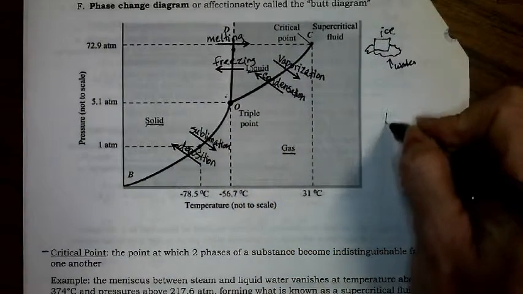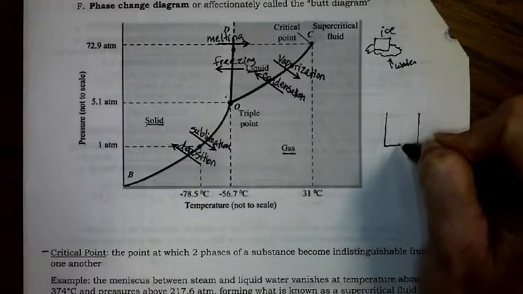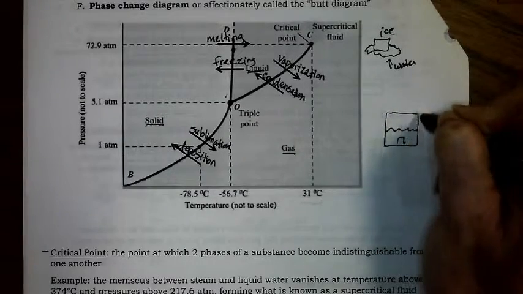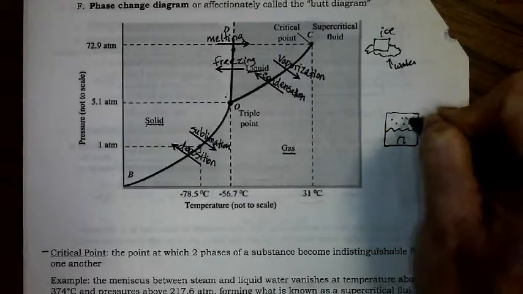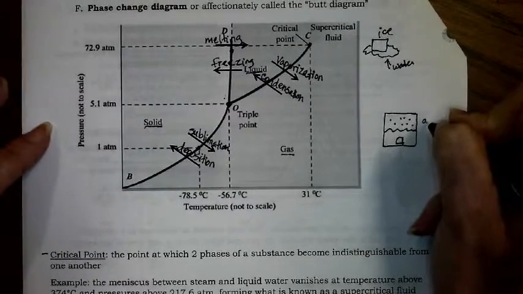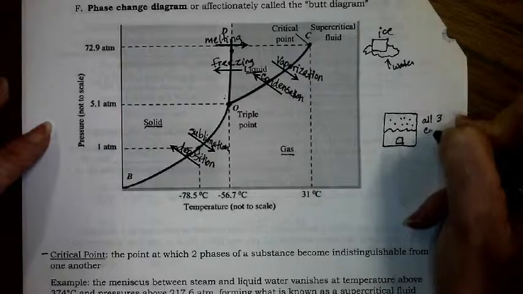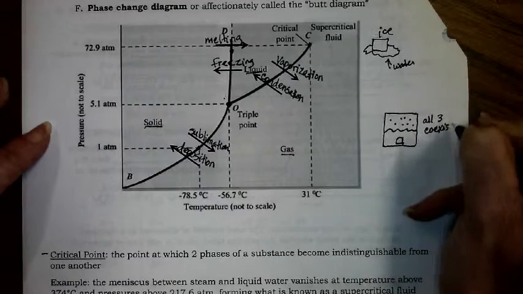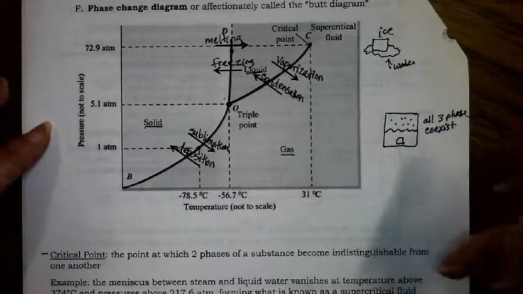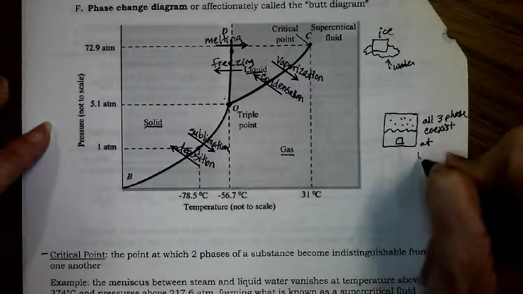You'd have a container with some solid in there, some liquid, and the gas, all at the same time. All 3 phases coexist, and that's at the triple point.